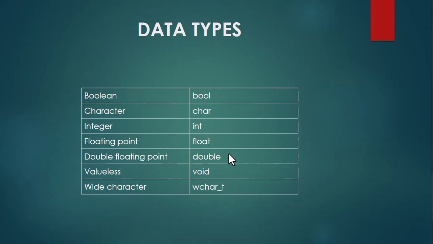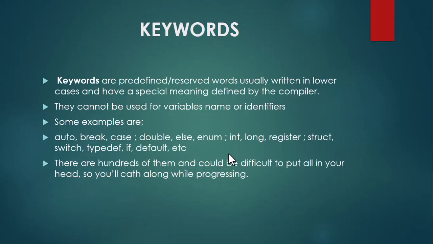So we move to keywords. Every programming language has keywords. Keywords are predefined or reserved words, usually written in lower case, and have a special meaning already defined by the compiler.